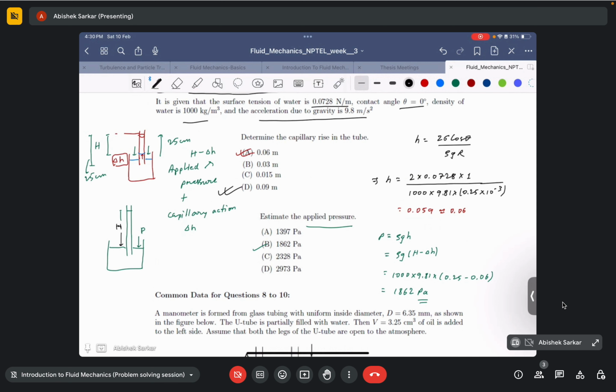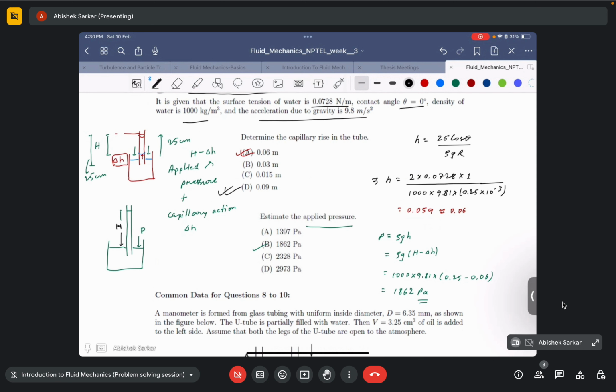Yes, sir. But you forgot that this rise in the height is not only because of applied pressure, but also because a certain amount of length of this liquid column has risen because of the capillary action as well, right? The capillary action would exist no matter what the diameter of your pipe is, right?